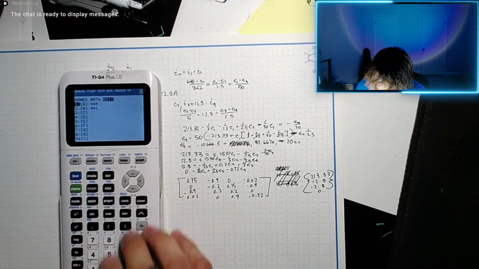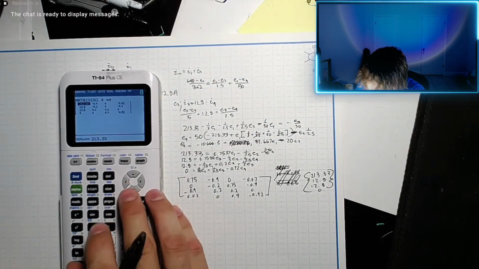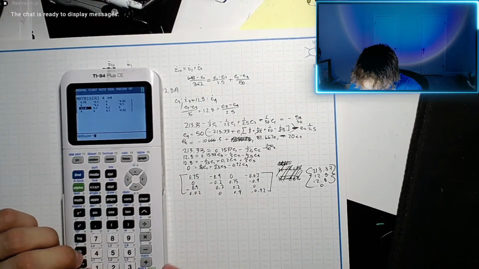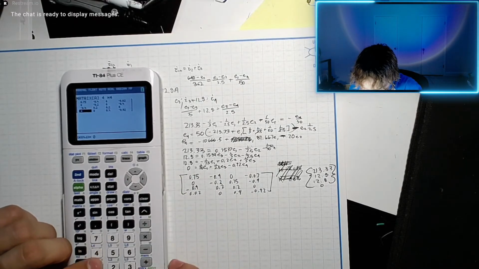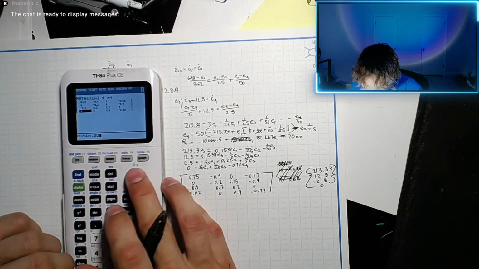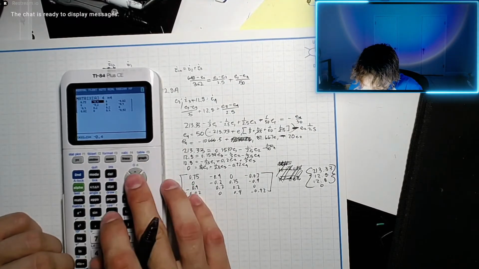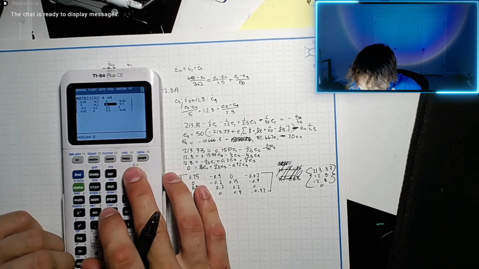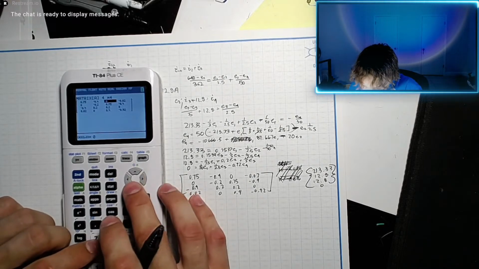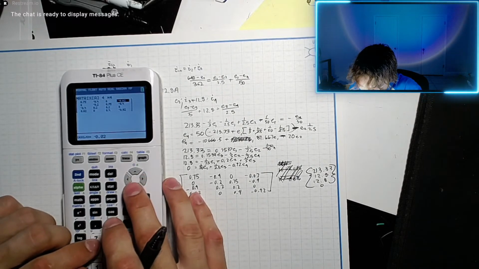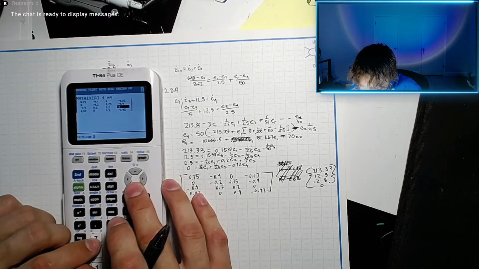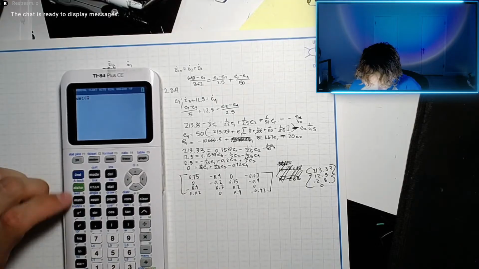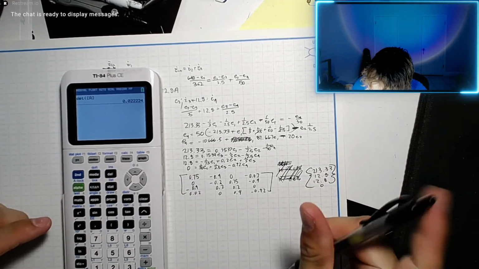Okay, matrix, edit. We gotta solve for the first determinant again. So 0.75, 0, negative 0.4, 0.02, negative 0.4, negative 0.2, 0.2, 0, 0.4, 0.2, 0.75, 0, negative 0.24, 0.92. Cool. Quit, matrix, math, determinant, matrix, bang.